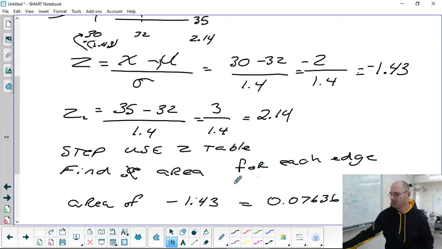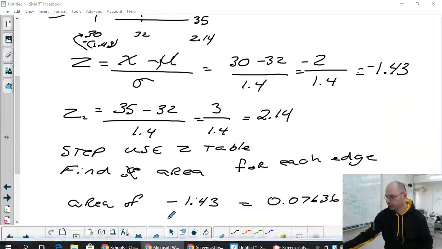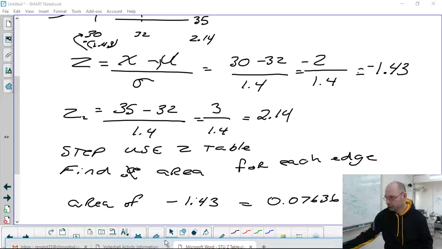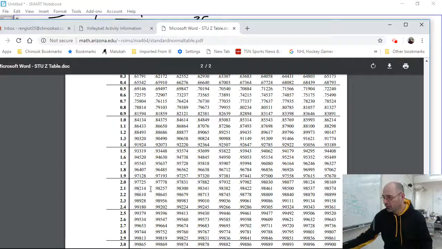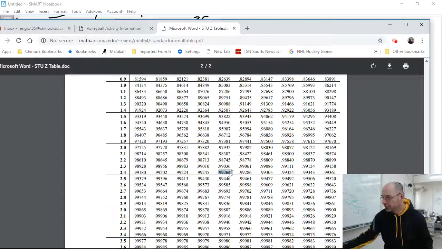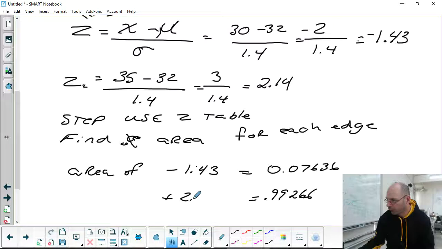And then we're going to look up 2.14. 2.14 is right there. It's 0.99266. So this is positive 2.14.